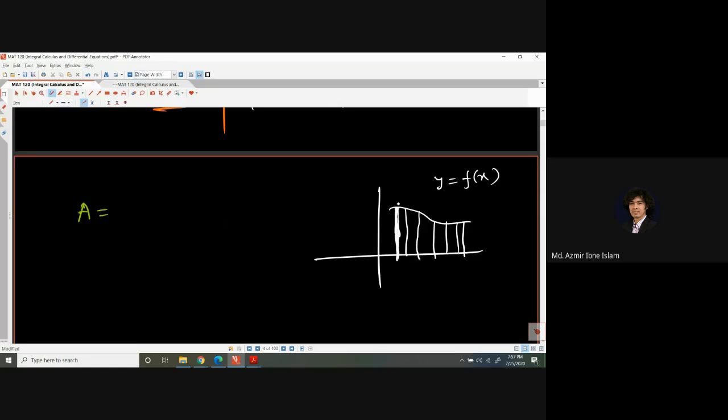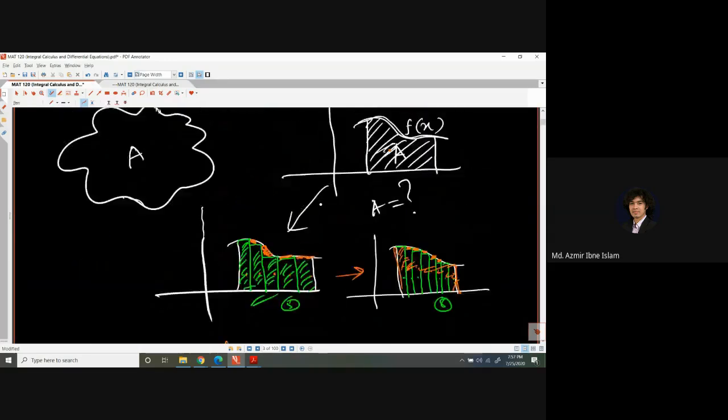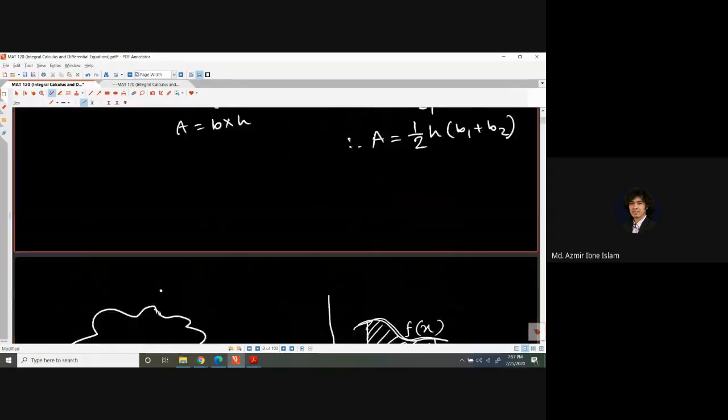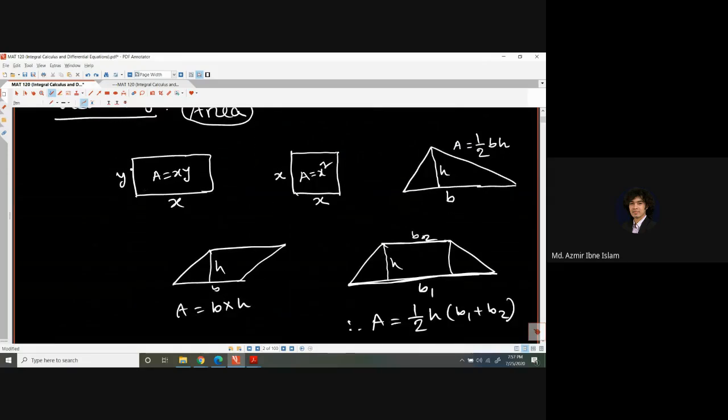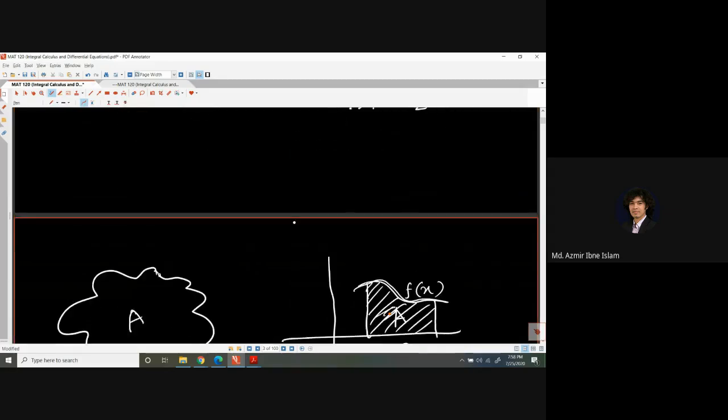Since we don't have any exact formula for finding area for this type of curvature shape, we are taking the help of the rectangle formula, or we can also take the help of a square or other things. But for this we are using this one, that is, if we have a rectangle, then the area will be x times y, that means base into height.